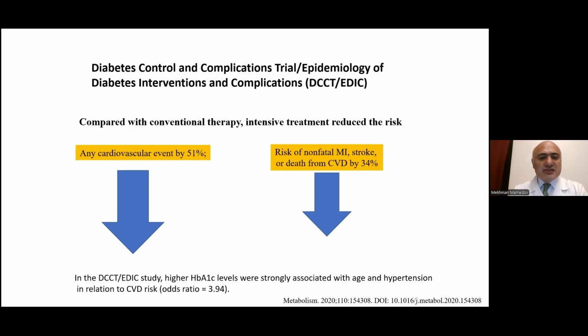They compared conventional therapy with intensive treatment, which reduced the risk of cardiovascular events by 51%, and the risk of non-fatal myocardial infarction, stroke, or death from cardiovascular disease by 34%. In the DCCT-EDIC study, high glycated hemoglobin levels were strongly associated with age and hypertension in relation to cardiovascular risk.